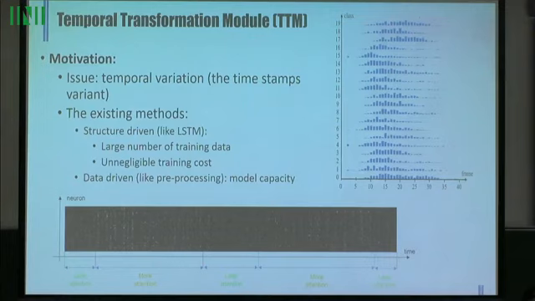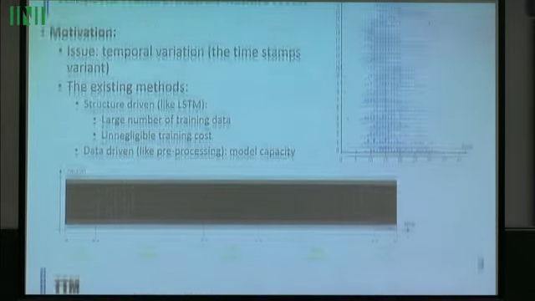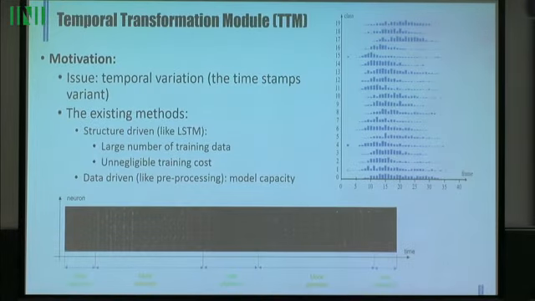In these two cases, the key frames are different among sequences, but this kind of variation is not characterized by the final classifier, because our final classifier is very simple, a fully connected layer. We want to keep the model as simple as possible for real-world application. So this kind of temporal variation cannot be characterized by such a simple classifier.